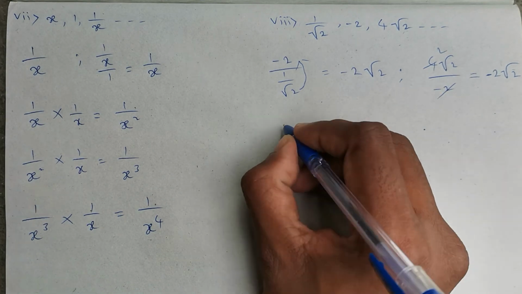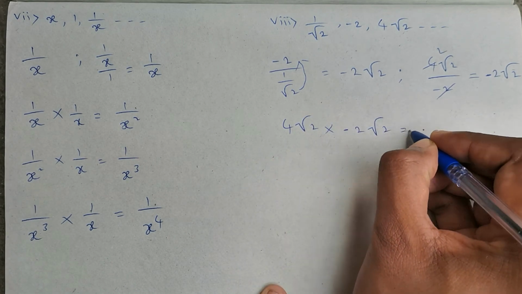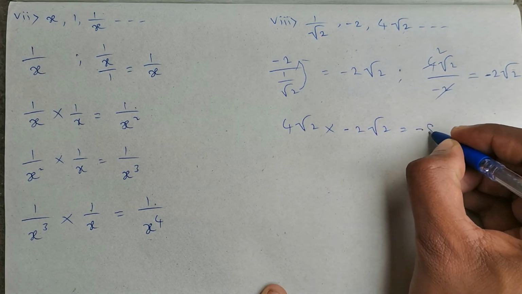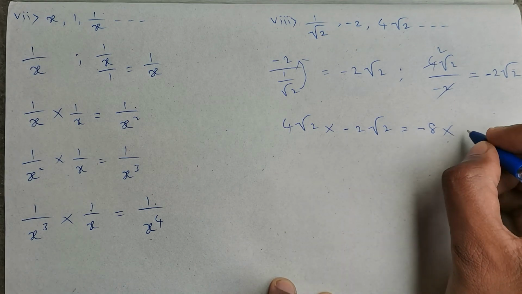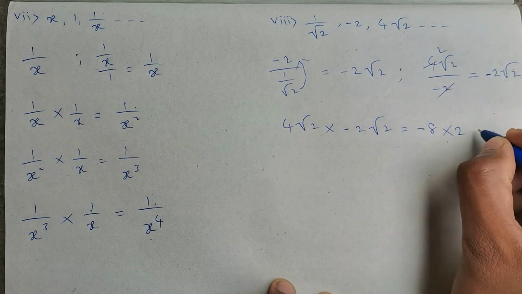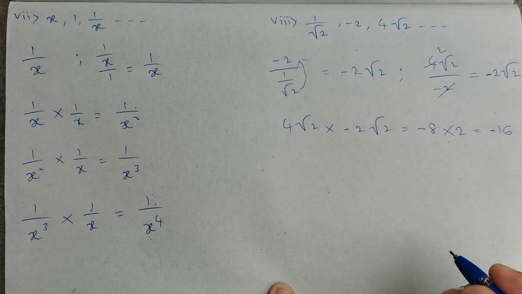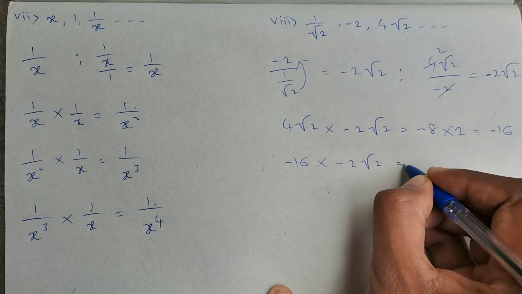Now the third term is 4 into root 2, multiply it with minus 2 root 2. 4 into minus 2 is minus 8, into root 2 into root 2, which is 2. So minus 8 into 2, minus 16. Now minus 16 we need to multiply with minus 2 root 2.